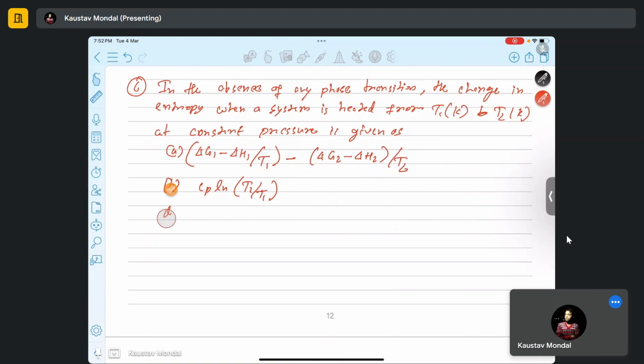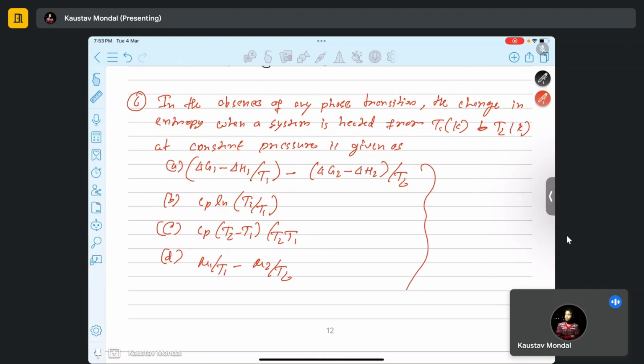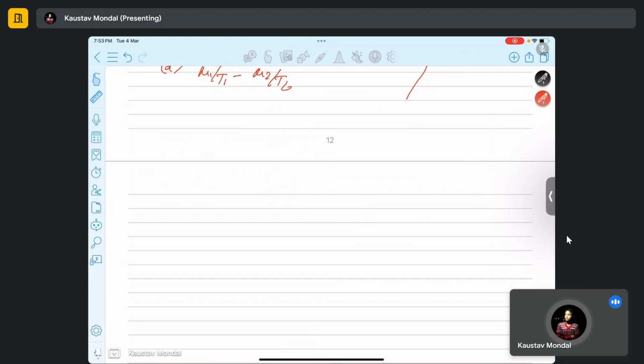Option C was Cp T2 minus T1 by T2 T1, and option D is mu1 T1 minus mu2 T2. So these are the four options that are given. Now let us calculate. Okay, so answer.